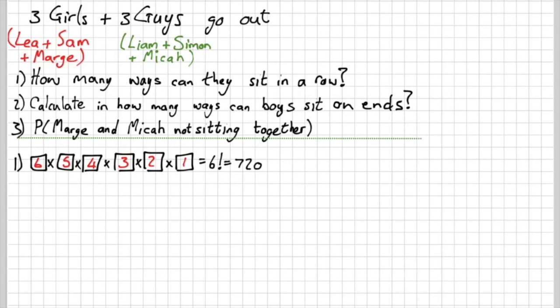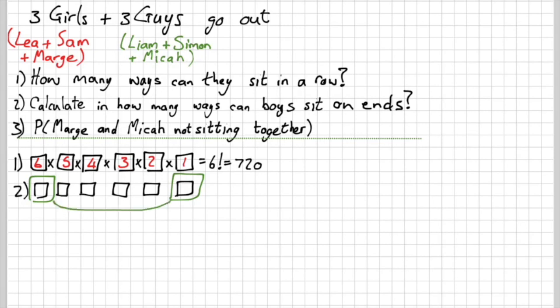Now the second question asks: calculate how many ways can boys sit on the ends. I love to draw my little picture there. So my two end blocks are going to be my cement blocks. In the first block, there are three boys that could go and sit there: Liam, Simon, and Micah.